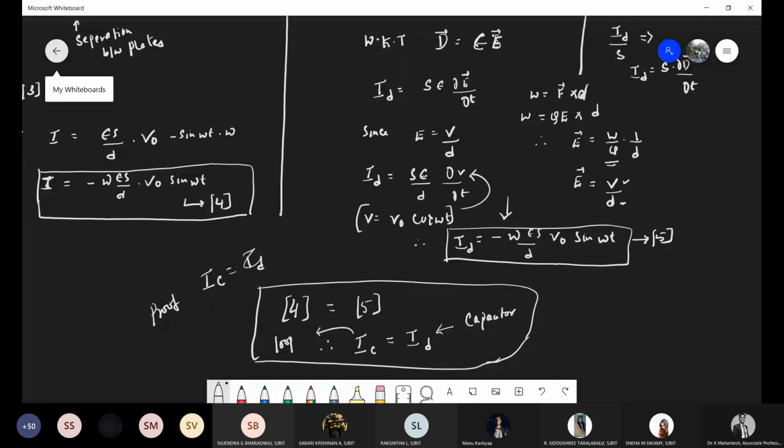Displacement current is the current inside the capacitor. Conduction current is the current in the loop, and we have proved that conduction current is equal to the displacement current.